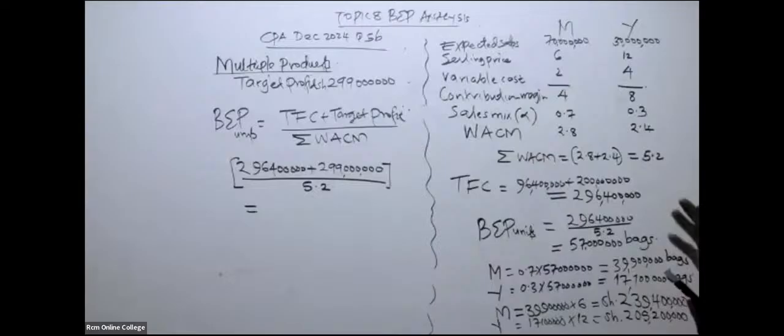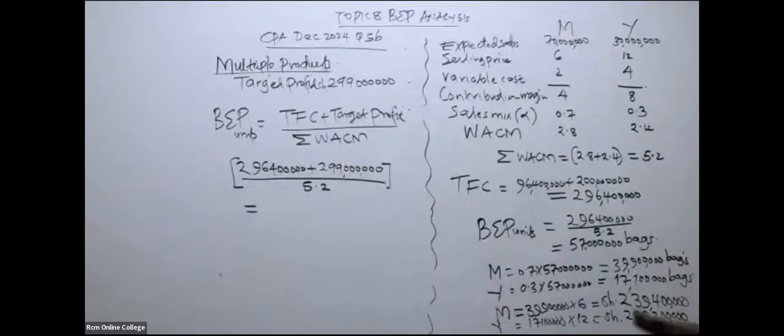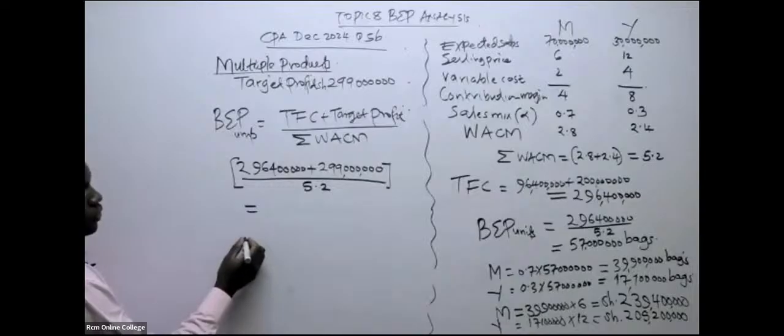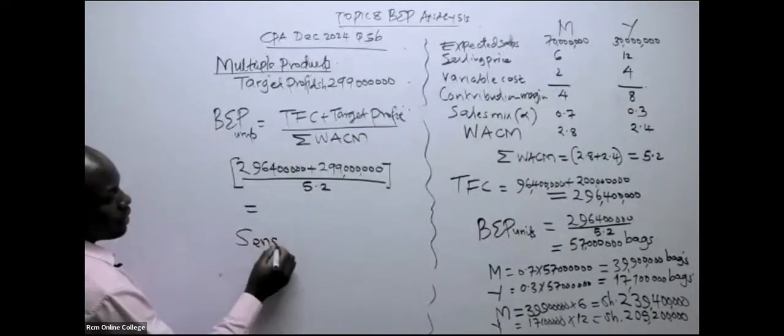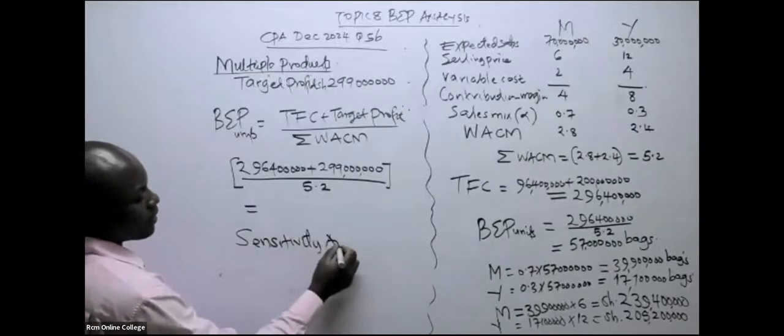The moment they mention current, we go back to the default figures that were given to us. What we have been doing here from the start under this December 2024 is called sensitivity analysis.